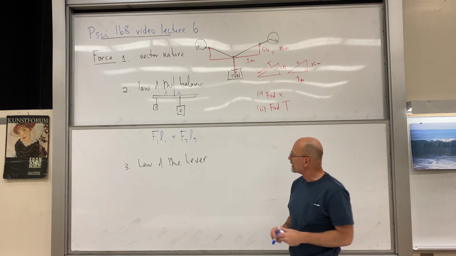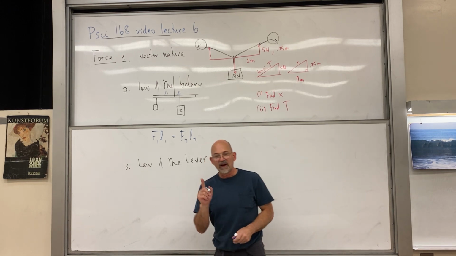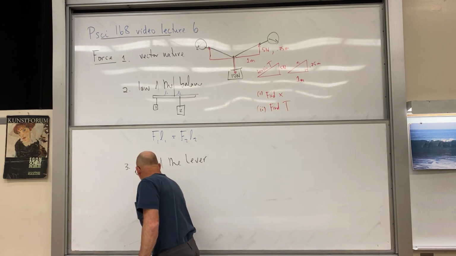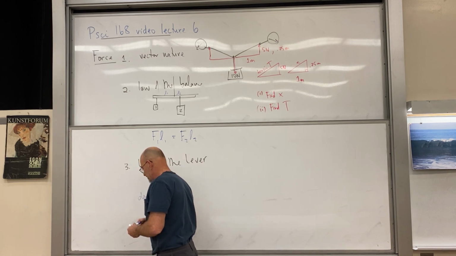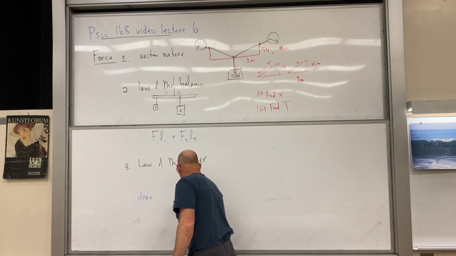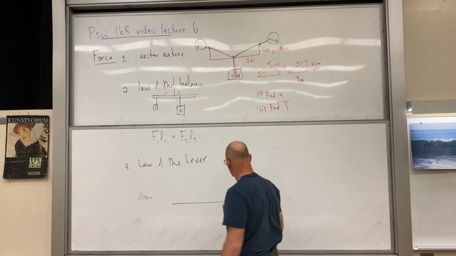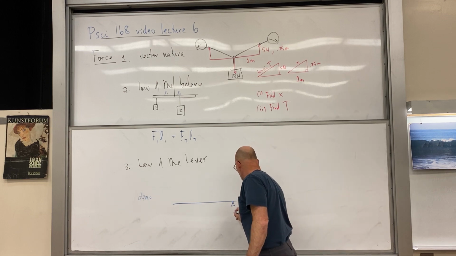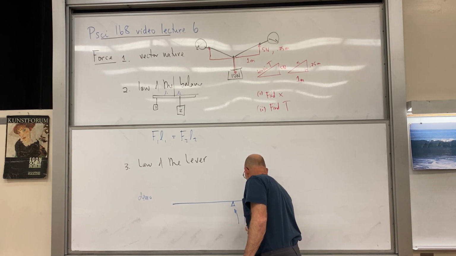So for the law of the lever, the demonstration we would always do in class together would be the following. We would just take a board. Okay, so this is a board, and we have a little fulcrum here. So that's terminology.